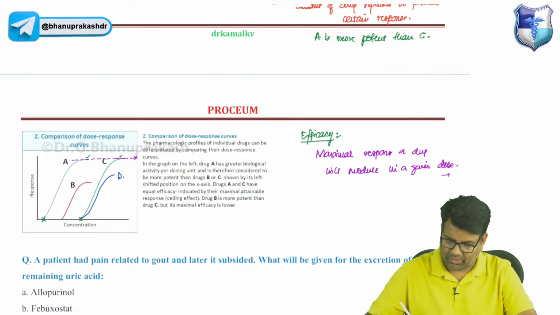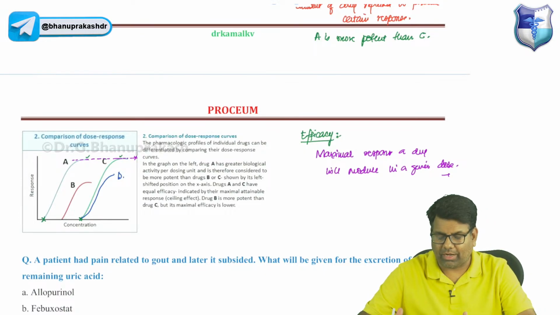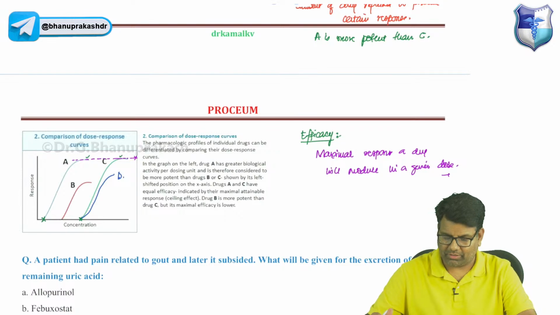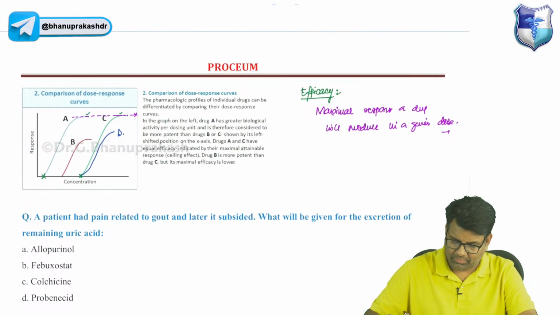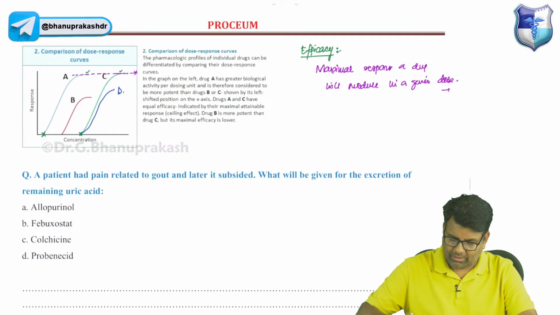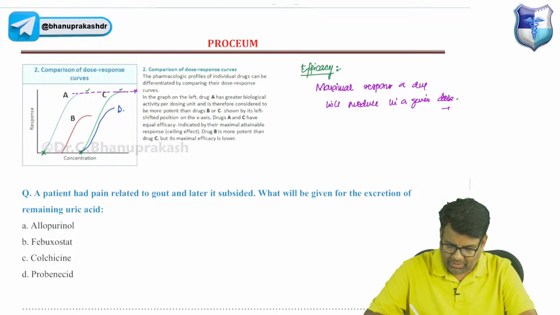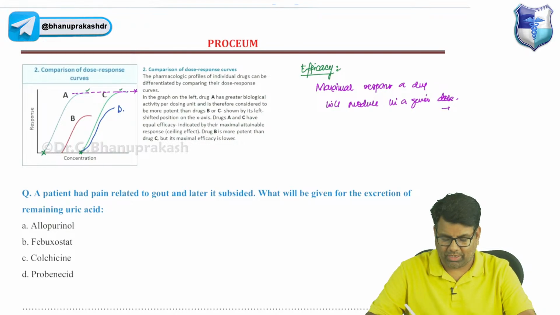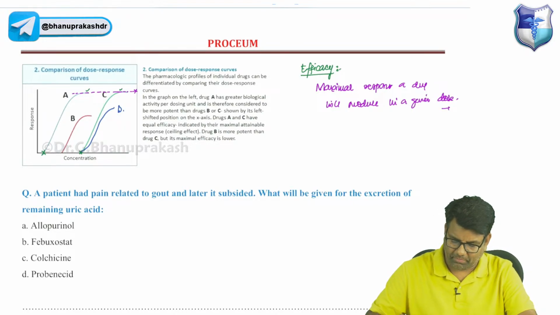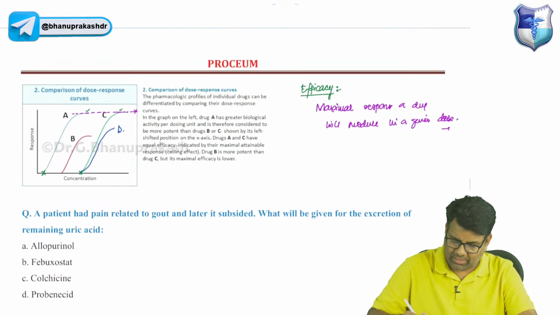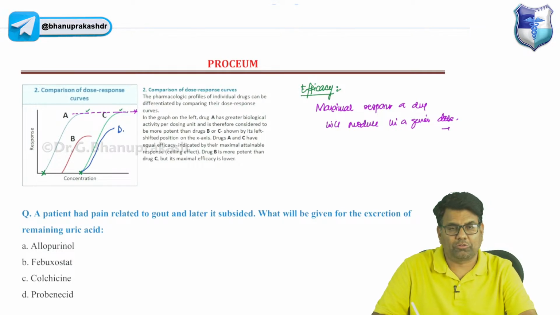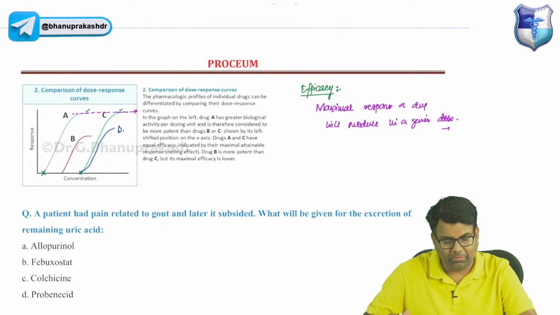So this is how we describe potency. Clear? Now B cannot be taken here because B is not going up to the desired response. So a better comparison in terms of potency can be done between A and C. So for potency, the response level has to be the same, and for efficacy, the dose or concentration of the drug has to be the same.